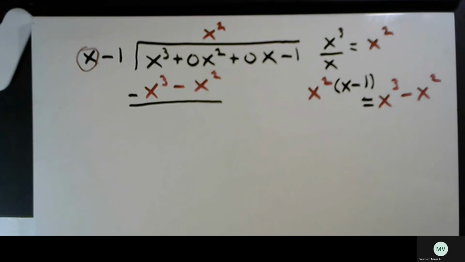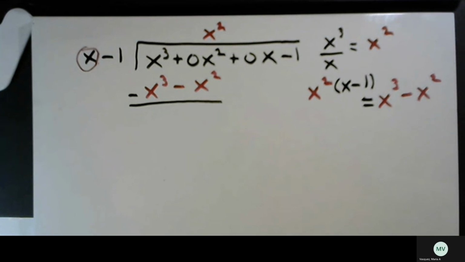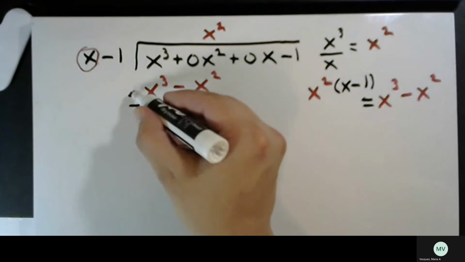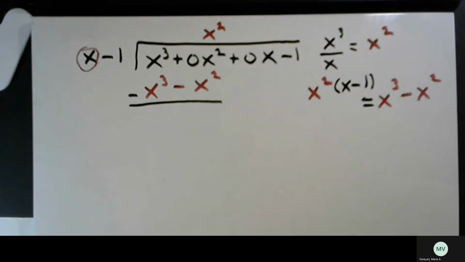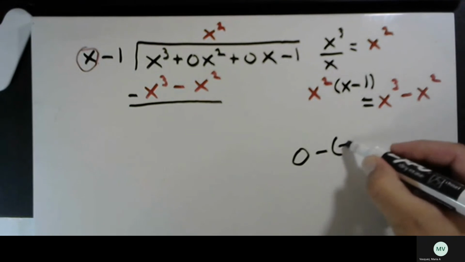Now again, we're going to subtract. X cubed minus x cubed is going to be 0. And then you have 0x squared minus a negative x squared. So again, we've got that double negative thing going on.